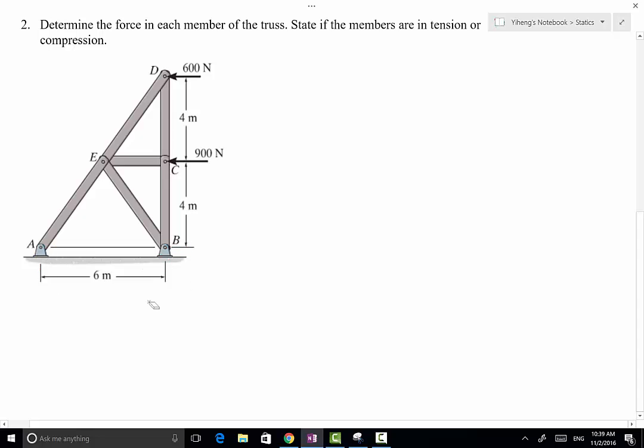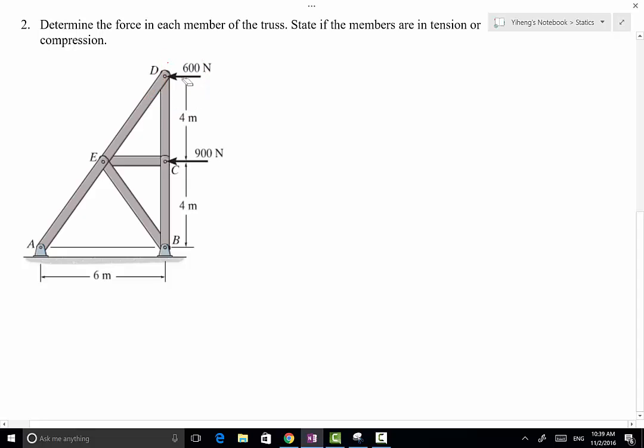So at this point, we are going to start by solving one of the joints, and we're going to look for the easiest one, which is the one that has only 2 or fewer unknowns. In this case, point D is the one that satisfies that requirement. At point D, we have a known 600 Newton force, but also 2 unknown forces from members DE and CD.